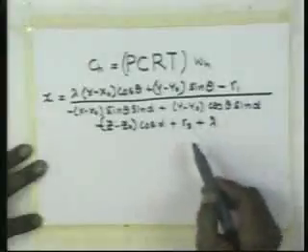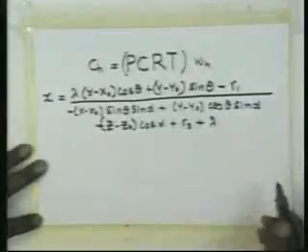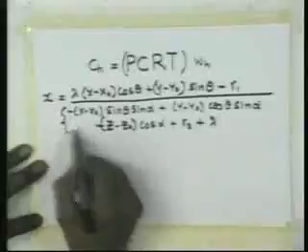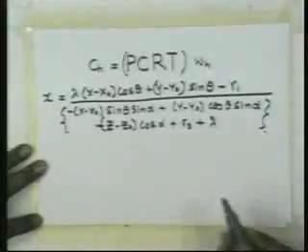So here r1 and r3 are appearing. Lambda, of course, is the focal length of the lens.